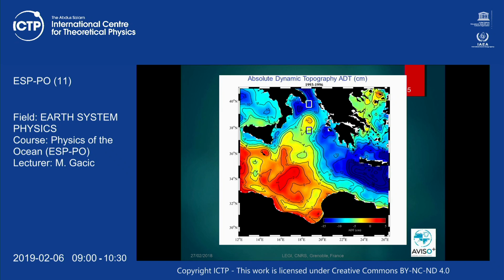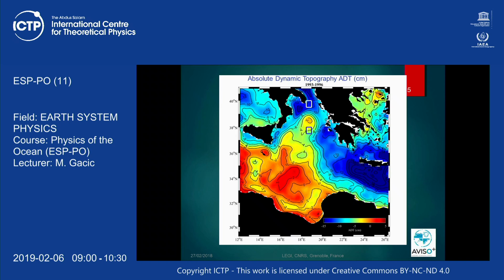In the surface cyclonic circulation, the bottom layer is anticyclonic because of the changes of the pressure gradient. You can see that the pressure gradient here is from center to the boundary, but at the bottom is from the boundary to the center. So you have changes of the density.